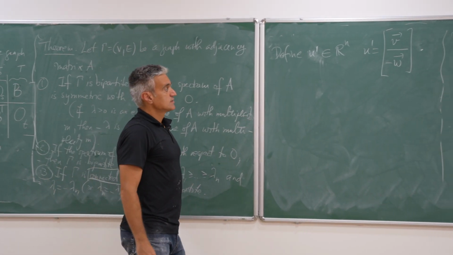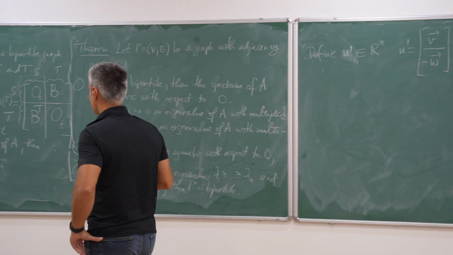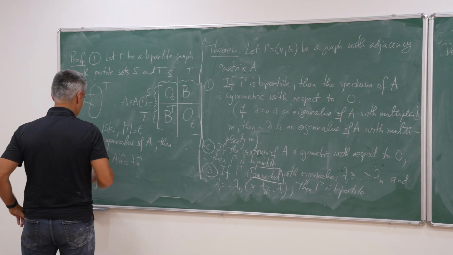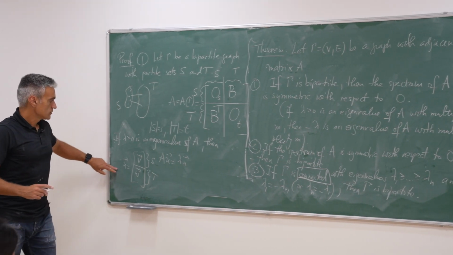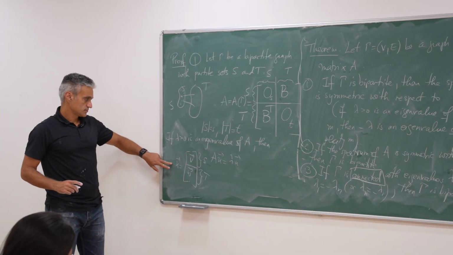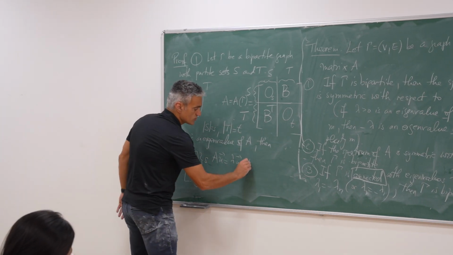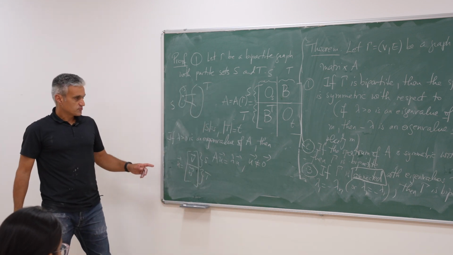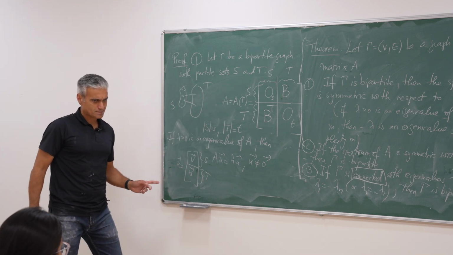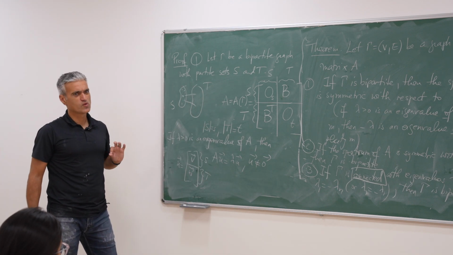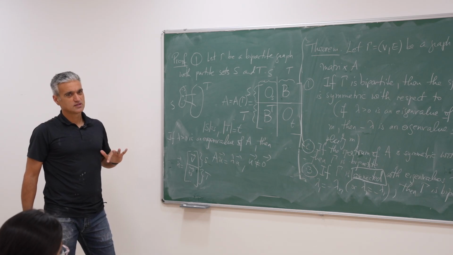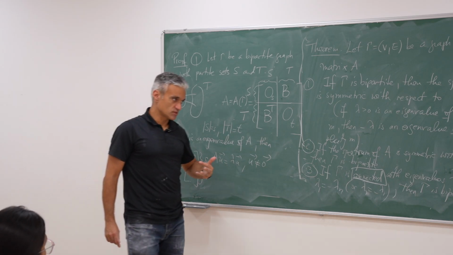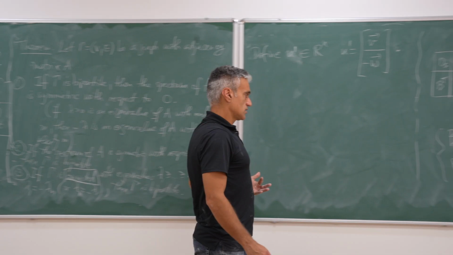Okay, so now, one more thing. Au is lambda u. u has to be non-zero. So if u is non-zero, what can I say about v and w? At least one of them is non-zero.